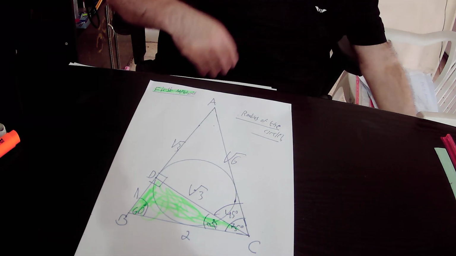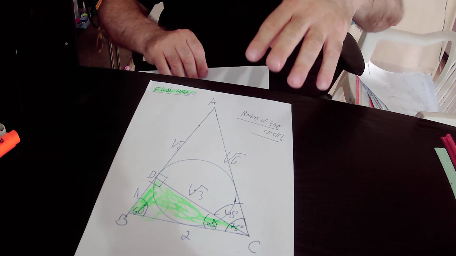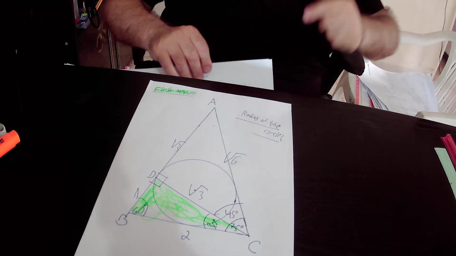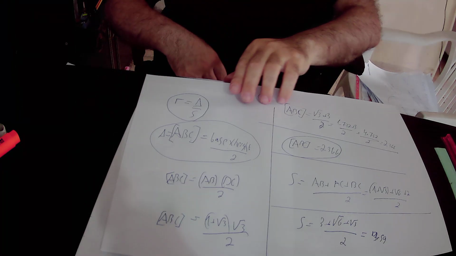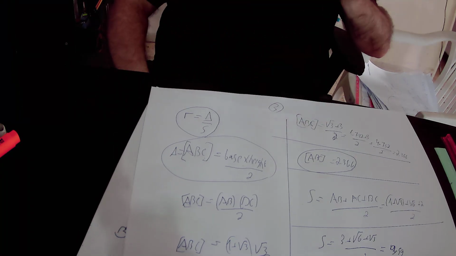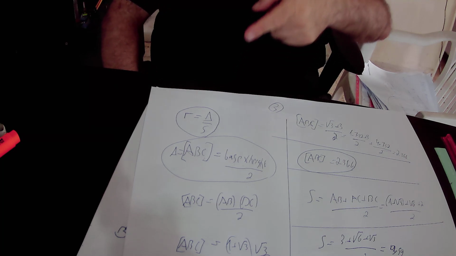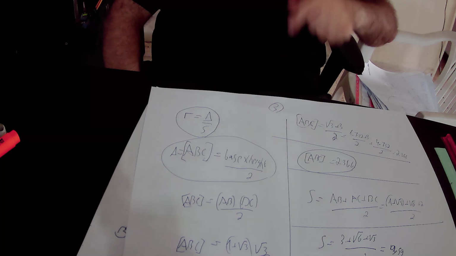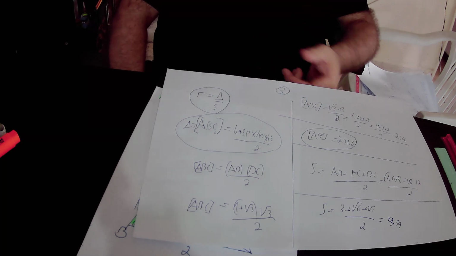Then I presented to you a new formula that will help us find the radius of this circle that is inscribed in triangle ABC. The formula states that the radius of the circle inscribed in any triangle is equal to the area of the triangle over the semi-perimeter of the triangle. And the area of triangle ABC equals the base times the height over 2.